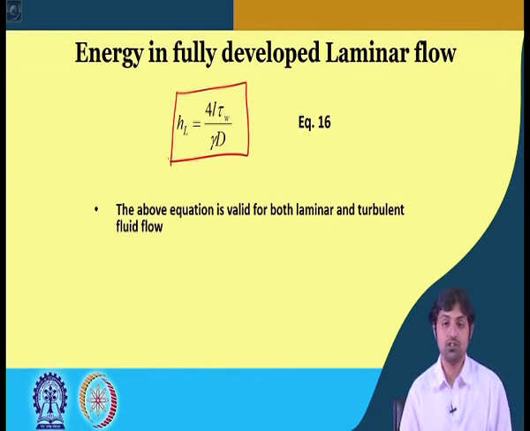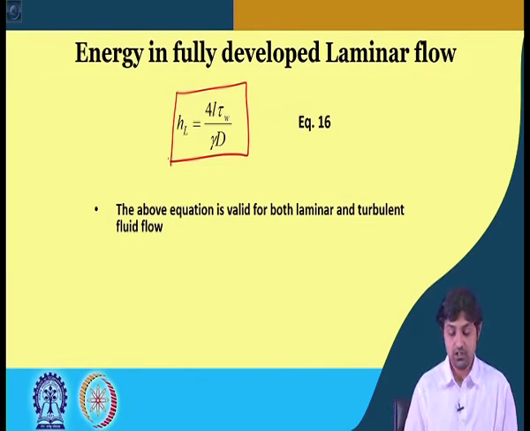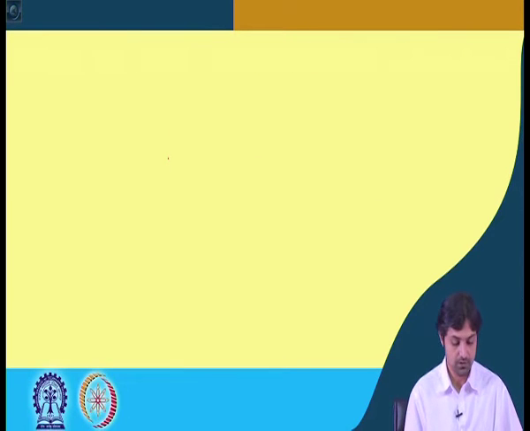So, we have not yet used any approximation specific for only laminar flow. This particular equation, because the substitution that we have done, we have taken tau and tau W relationship that was valid for both laminar and turbulent flow.